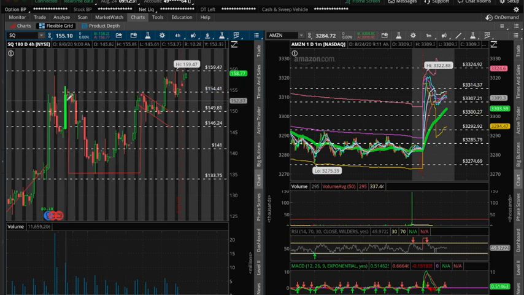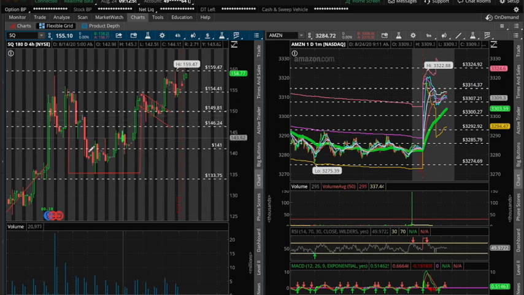You could have waited until it broke this 154 to hop in right here on that day, and you could have still caught it all the way to 158 as a day trade. But if you wanted to be more aggressive and more risky, you could have gotten in at the end of this day and got a call. So you swung that overnight, you could have caught this entire move up.